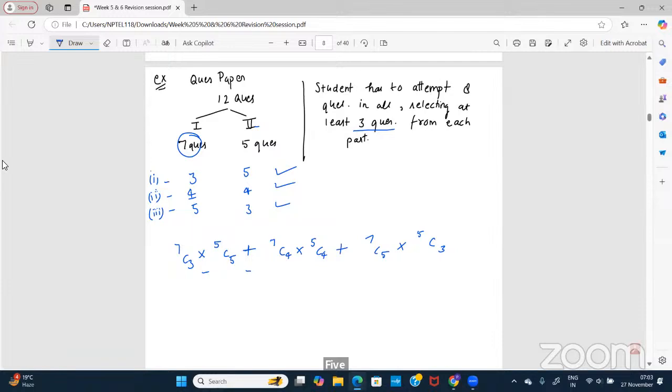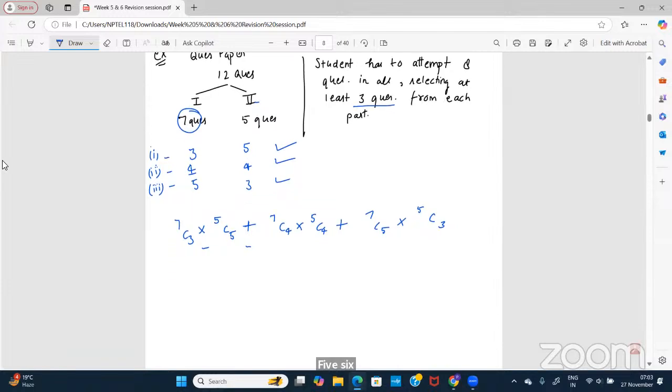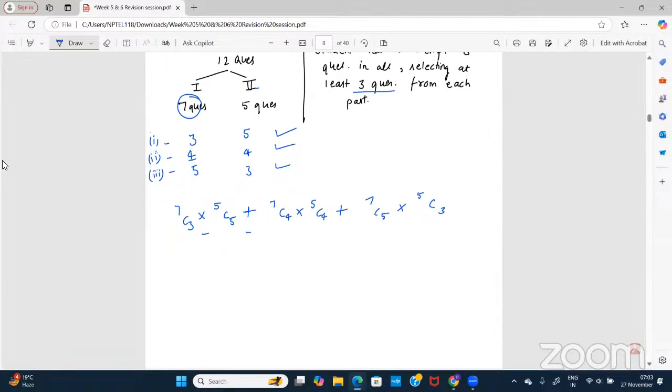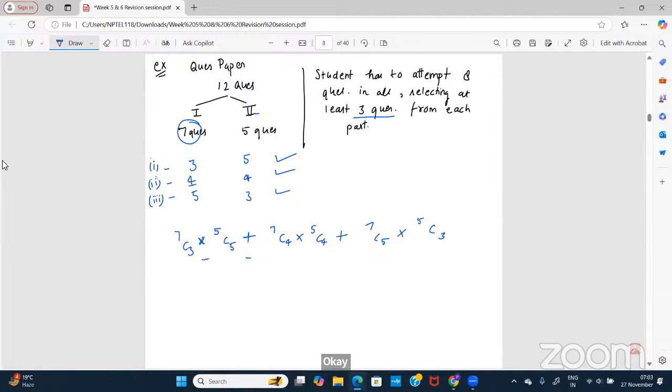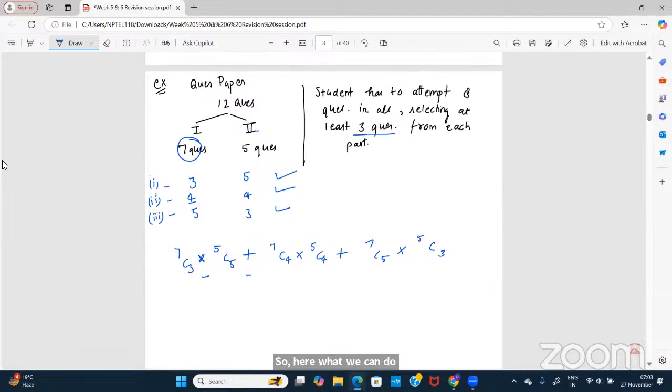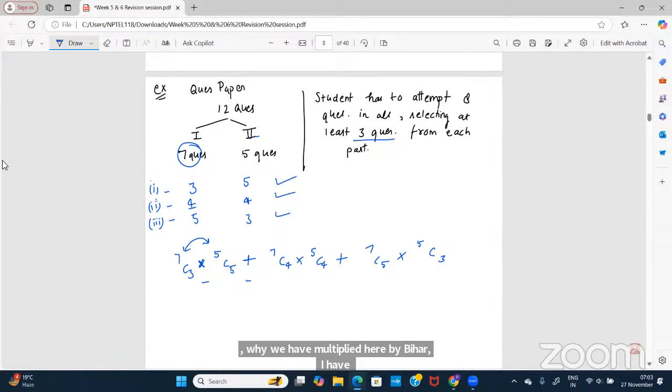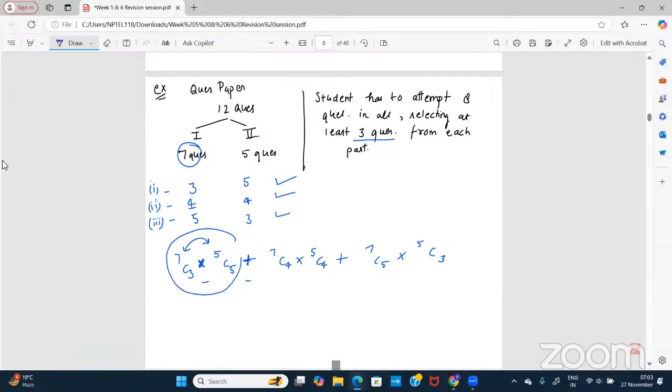So why have I multiplied here? I have used the multiplication rule, because they are both occurring together. We have to select 3 questions from the first part and 5 questions from the second part, right? That's why we are multiplying here, and we are adding these 3. This is one possibility, this is another possibility.